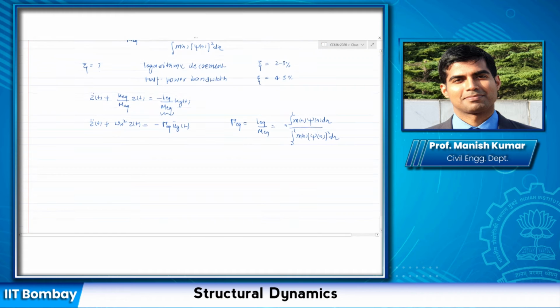So if I have a damped system, similarly, I can write this expression in terms of zeta as 2 zeta omega n Z dot(t) plus omega n square Z(t).